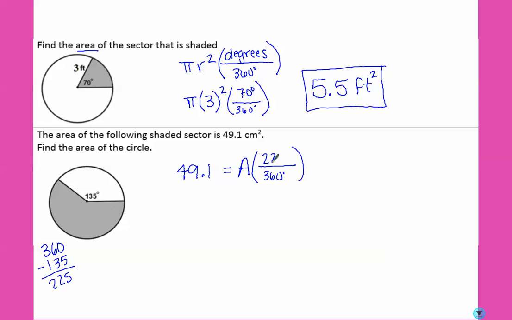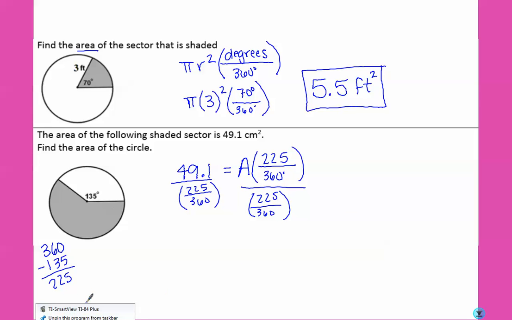So that's the degree we're going to use here. To get A by itself, you can either divide by 225 over 360 on both sides, or you could multiply by the reciprocal.